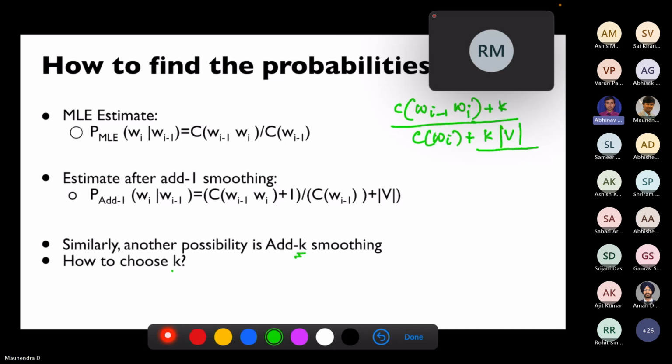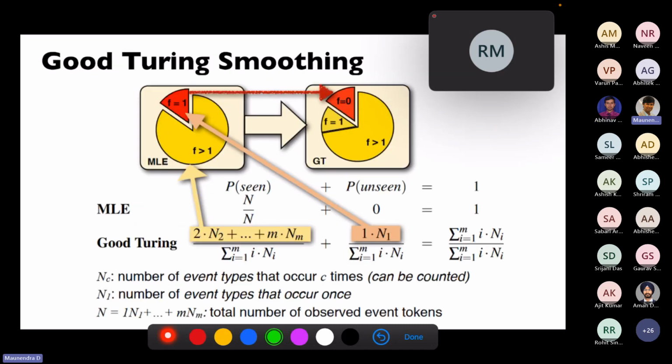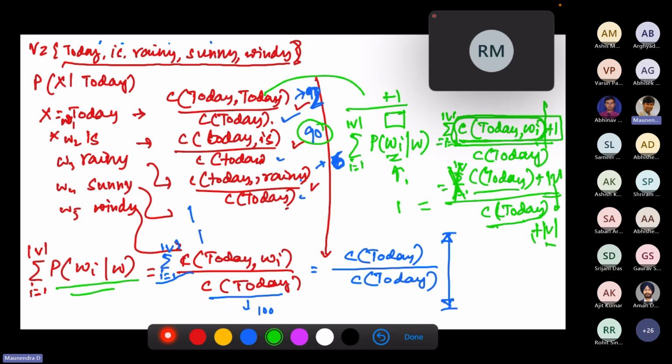Can you please repeat that skewness part with add-one smoothing again? What he said is that our original probability was easier to follow, right? But once we add 1 to the numerator and V to the denominator, suppose in your collection "today" was 100 times, and out of them 90 times it was "is". We could get the probability as 0.9. However, suppose your vocabulary size is 1000.